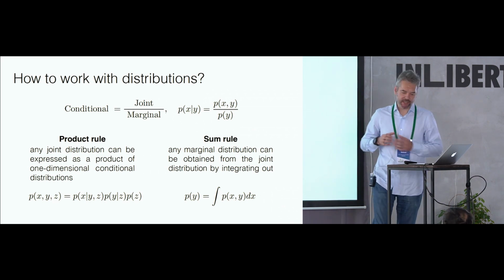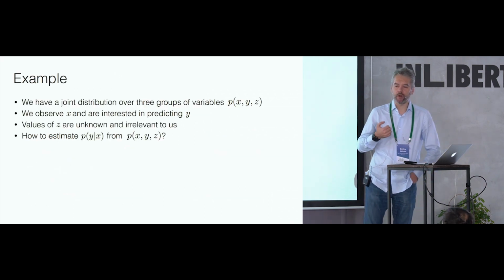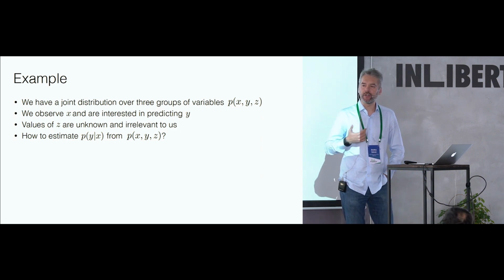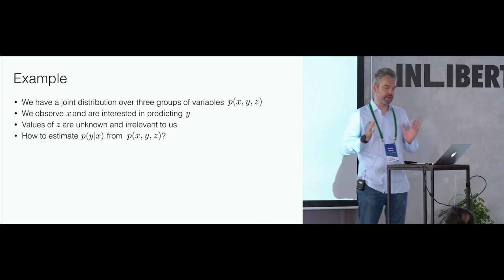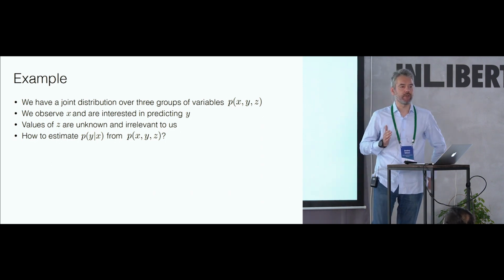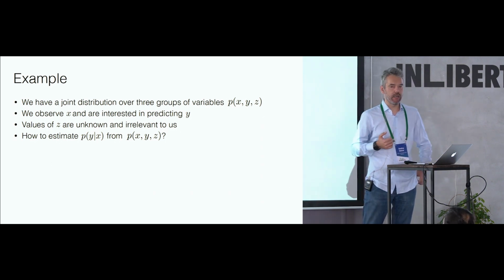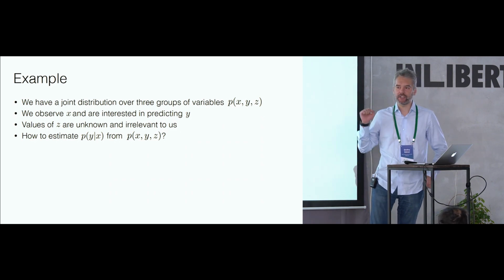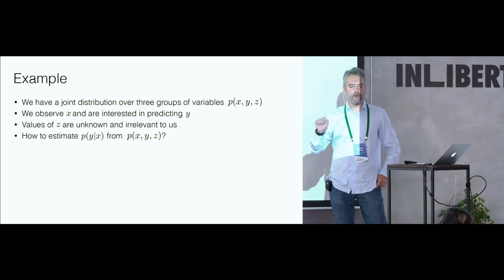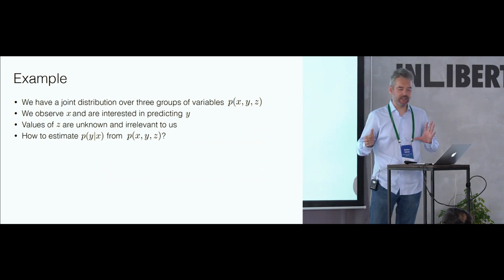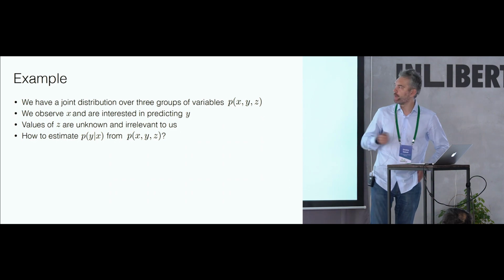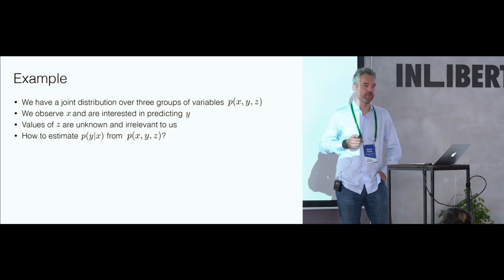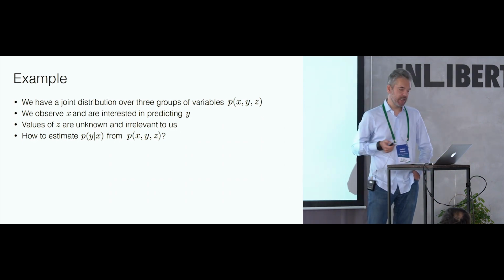This is very nice, and this is why people work with probabilistic models, and by probabilistic model I mean the establishment of a joint distribution over the whole set of variables which are involved in our problem. If we have access to the joint distribution, we can always compute any kind of conditional distribution. For example, assume that we have a joint distribution over three groups of variables, P of x,y,z.